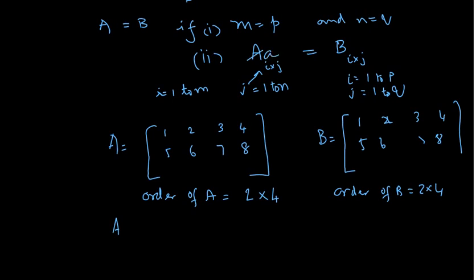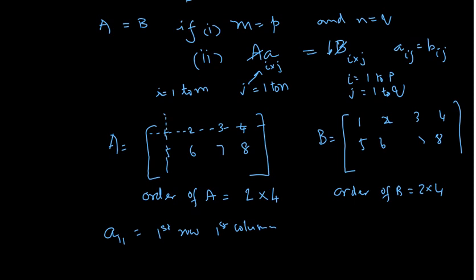So A11 means first row, first column. So if I say row like that, and this is the column like this, then this is that. So A11 is 1. So B11 is also 1.